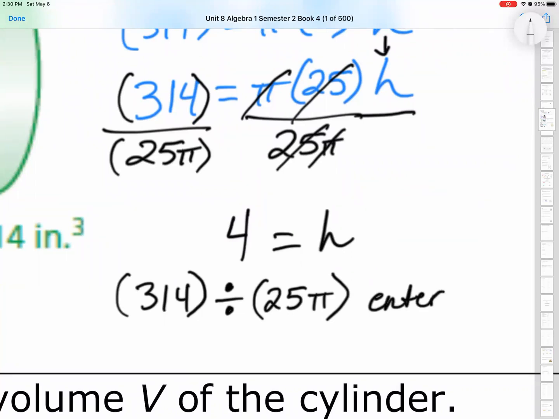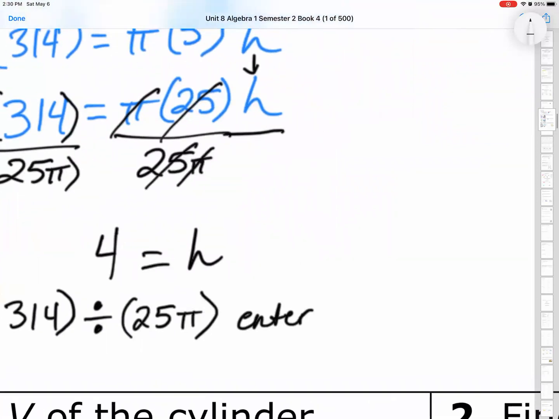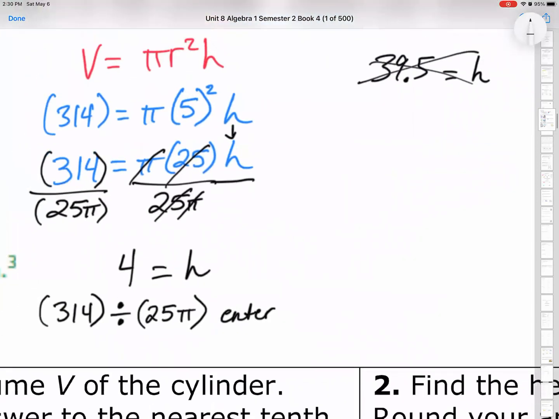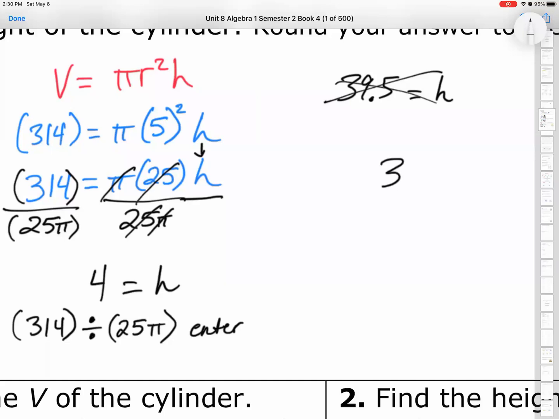Okay. The other way, which your calculator was trying to do, if you didn't have the whole parenthesis stuff, it was trying to do 314 divided by 25, and then that pi was actually kind of getting multiplied by it. So that's how your calculator is registering it. That's how it was thinking it was being put in, which is obviously wrong. We're dividing the pi as well.